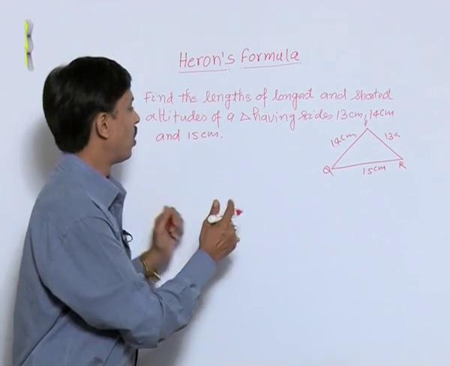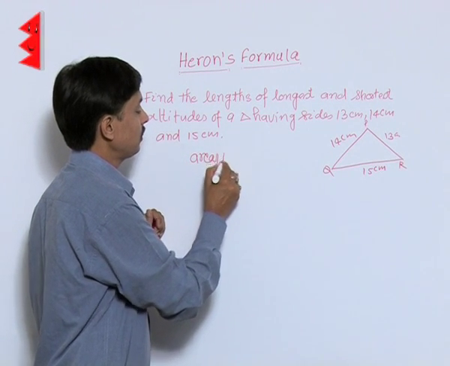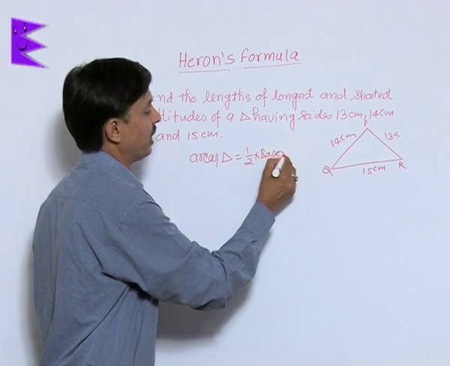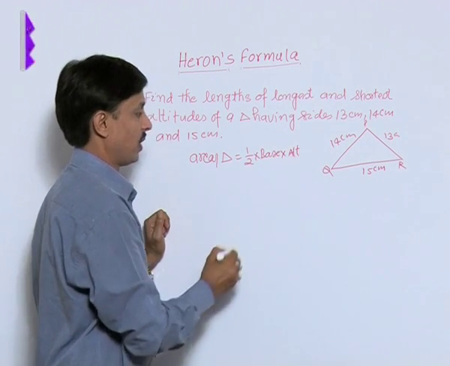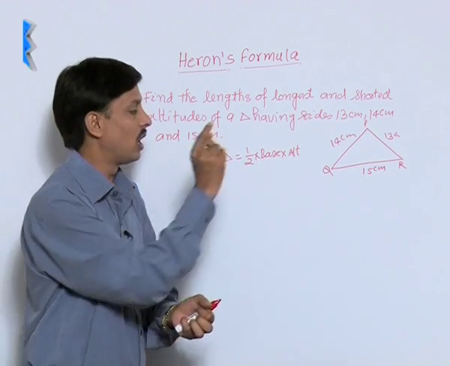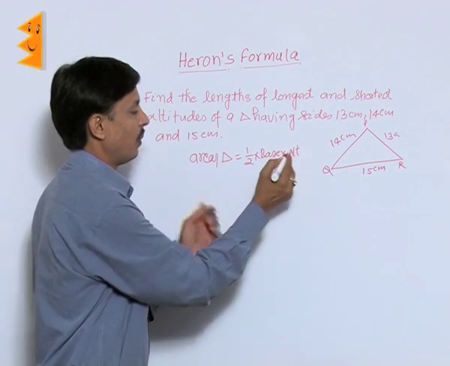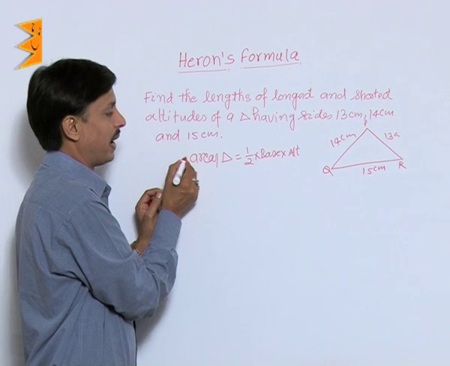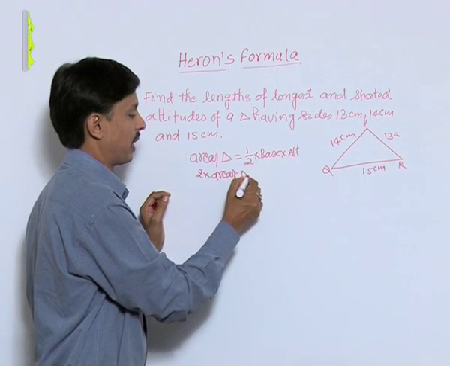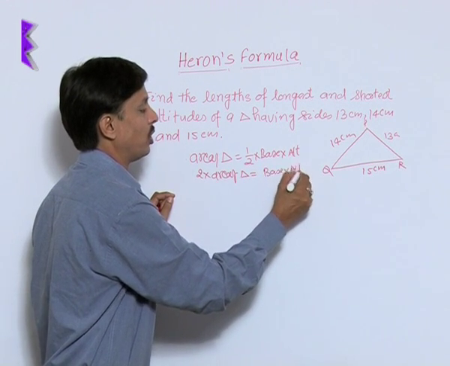First, as the area of a triangle is given by half into base into altitude, if I ask you to derive the formula of the altitude with the help of this relation, you will say that when 2 is multiplied to this side, it will be 2 into area of triangle is equal to base into altitude.